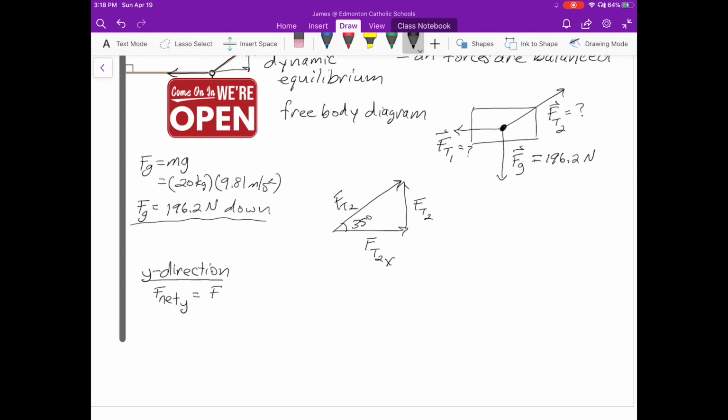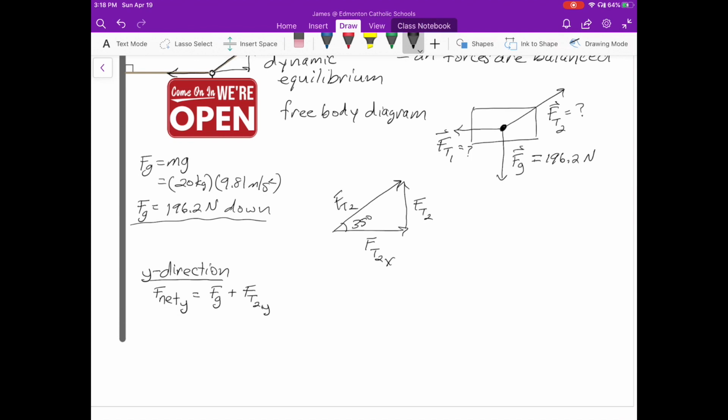There's gravity pulling down and the y component of the tension in rope 2 pulling up, because rope 1 is only pulling to the left. The only thing that's pulling up on it is the y component of the tension in rope 2.